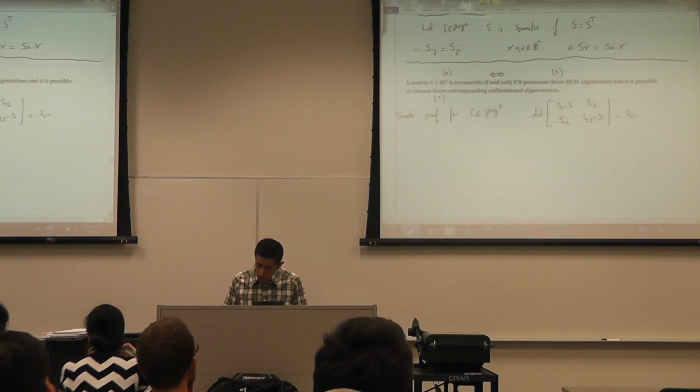This will be S11 minus lambda, multiplied by S22 minus lambda, minus S12 squared. If you equate this to 0, you'll find lambda is always real.